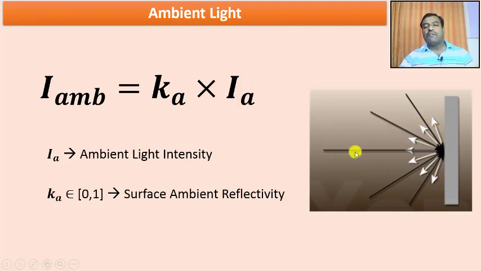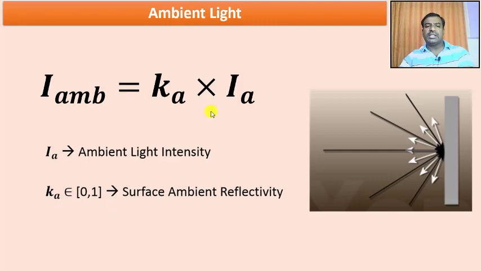The intensity of light is these black lines you are seeing, the surface property is in the form of K, and the white arrows you are seeing are the intensity of the ambient light. Hence this K belongs to the range of 0 to 1. It can be anything between 0 and 1, including 0 and 1. Starting from 0 until 1, it can be any value. I can vary this value in this case.